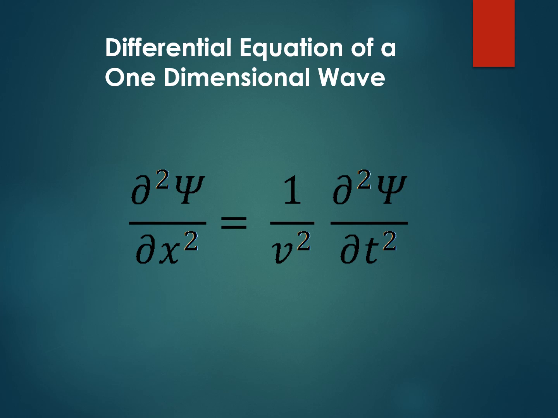Here it is v, the wave velocity v. And here we have two second order partial differential operators, that is dou square by dou x square and dou square by dou t square. On the left hand side, the operator dou square by dou x square operates on the function psi, and it is called the wave function psi. Dou square psi by dou x square is equal to 1 by v square into dou square psi by dou t square.